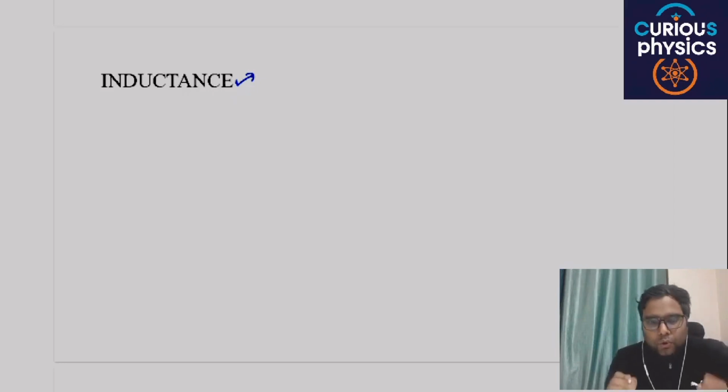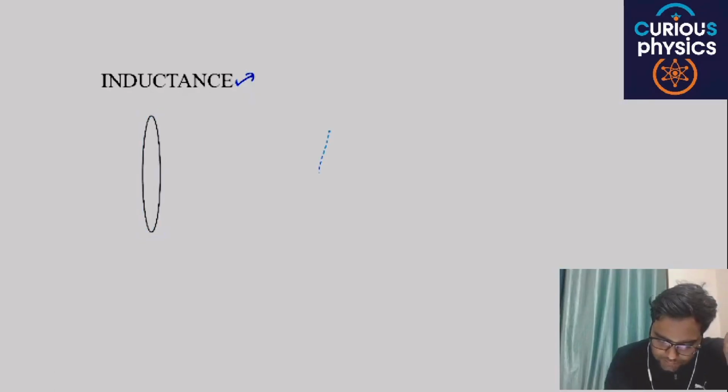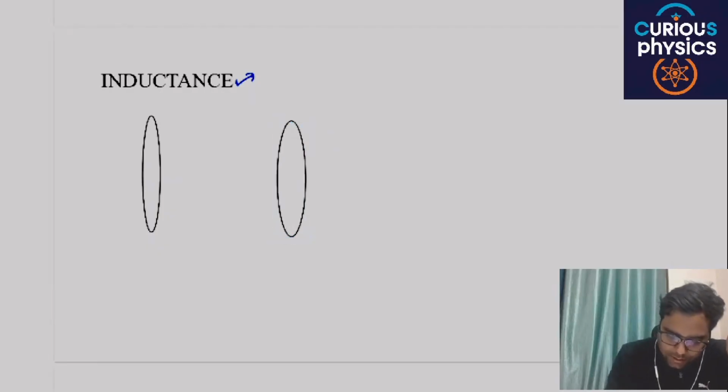In the case of two coils, let's remember the first experiment. Let's say you have two coils, this one is the first coil and this one is the second coil.